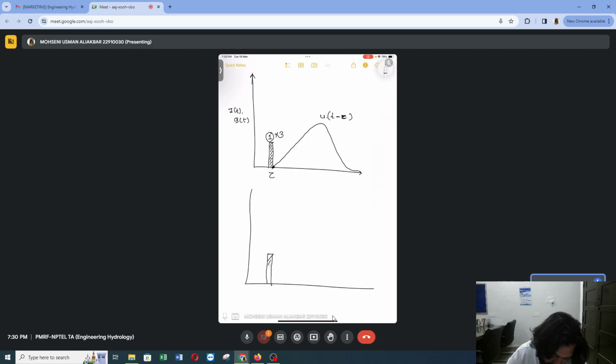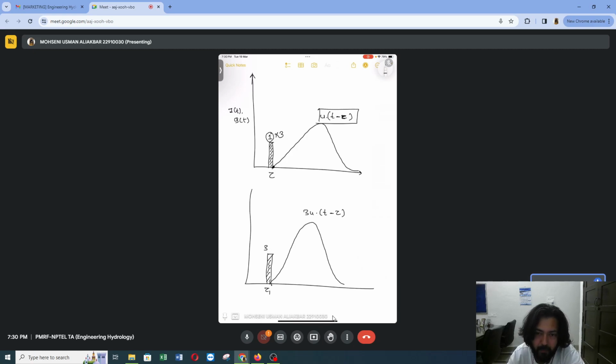Now the unit impulse is of 3 because we are applying the principle of proportionality. So for this input 3, at a time tau 1, there would be some output, and it would be 3 times u of t minus tau. So we have just applied the principle of proportionality.